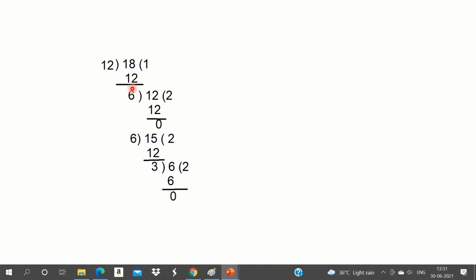So 6 is the common factor of 18 and 12. Another one is remaining, 15. So we divide 15 by 6. We get 3 as a remainder. Then we divide 6 by 3. We get 0 as a remainder. So 3 is the common factor of 18, 12, 15.